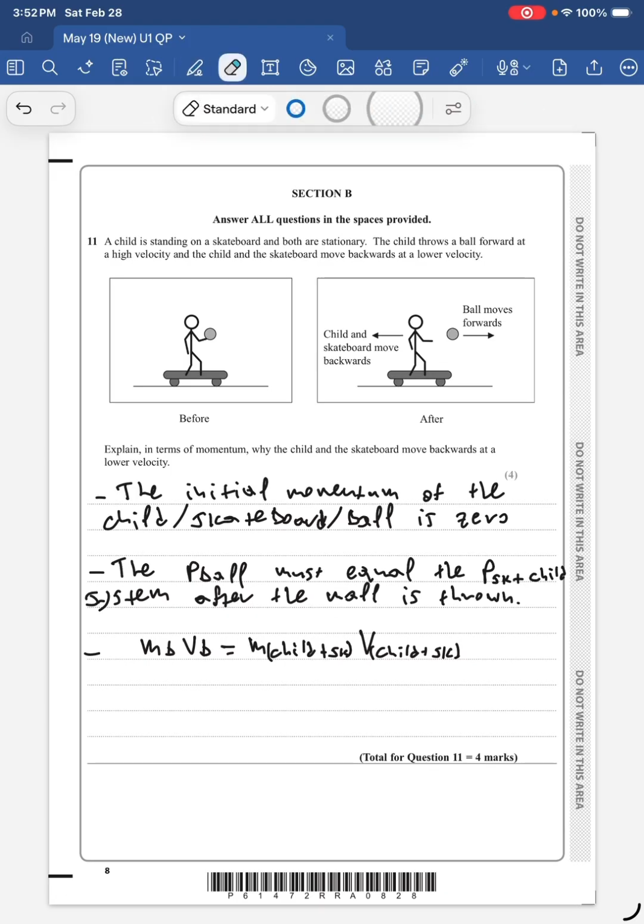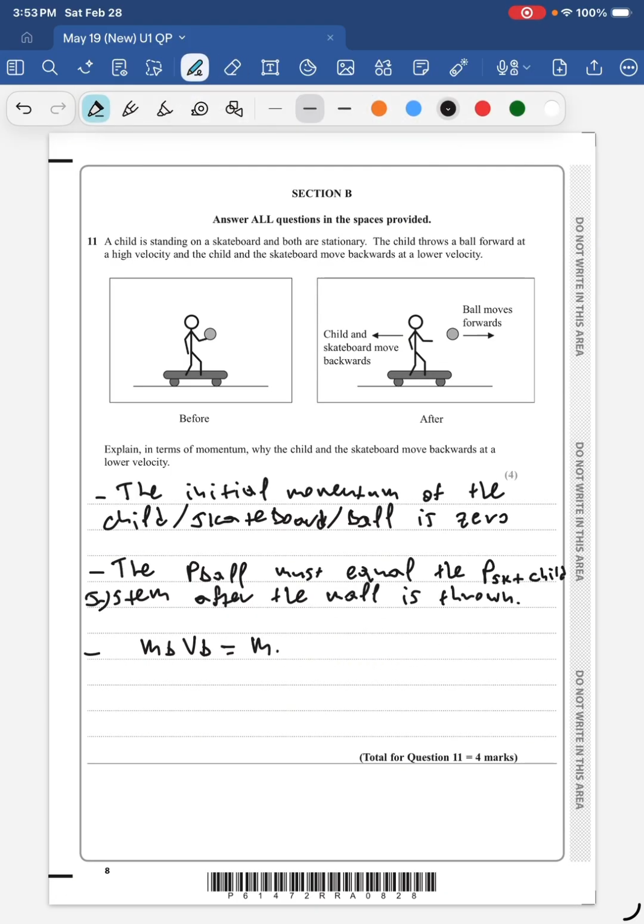No, it's confusing. Let's name this MSVS, and it's supposed to be the skateboard. Okay, so the momentum must be equal and in opposite directions. And just to be safe, we can denote here that this is M skateboard V skateboard, and this is M ball V ball.